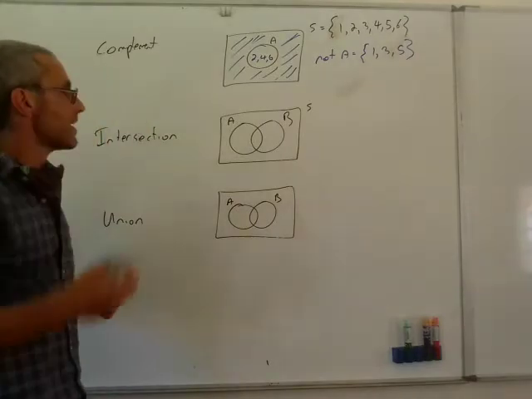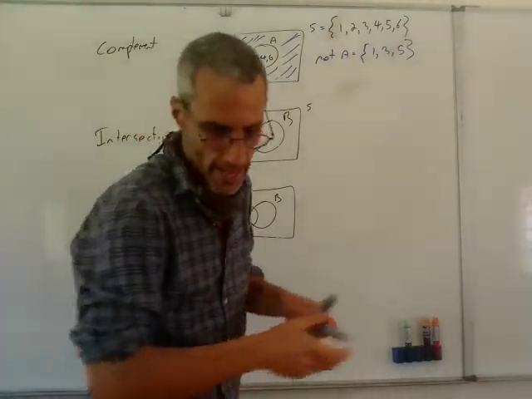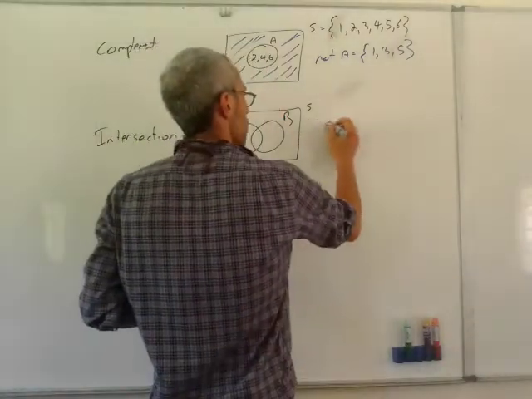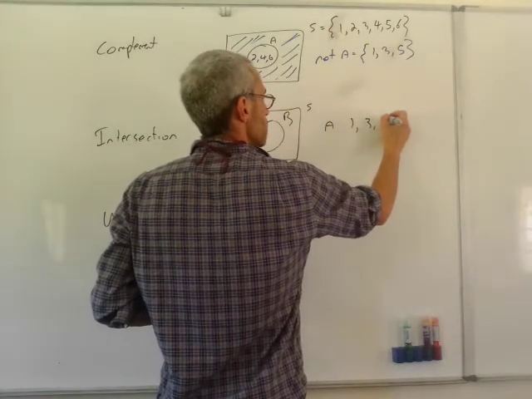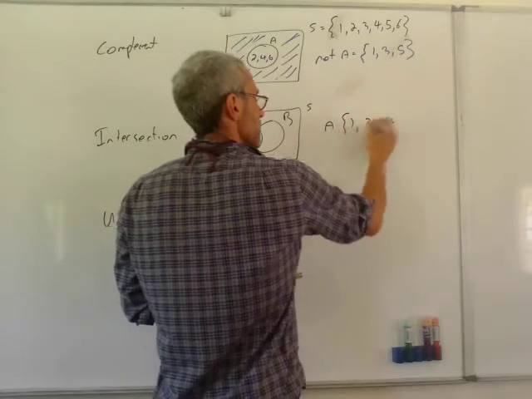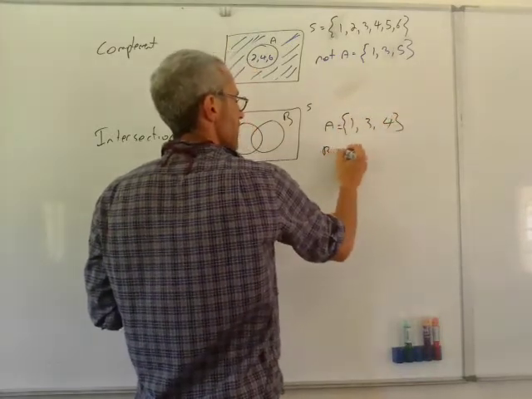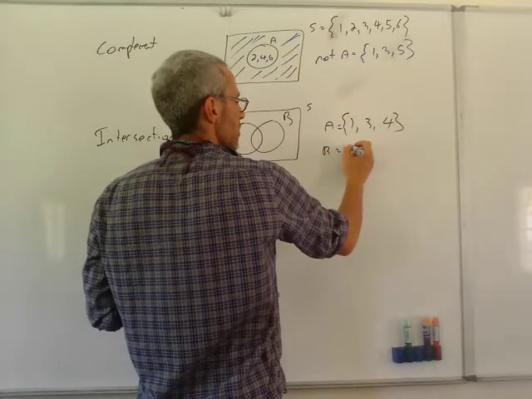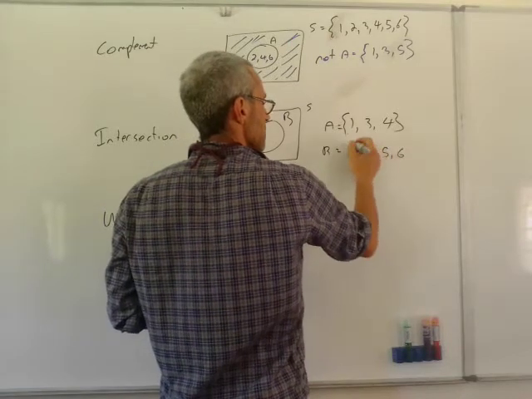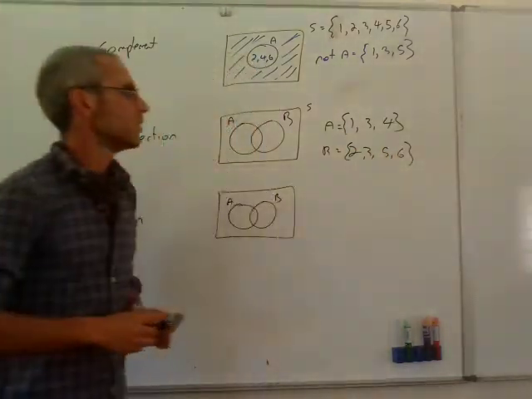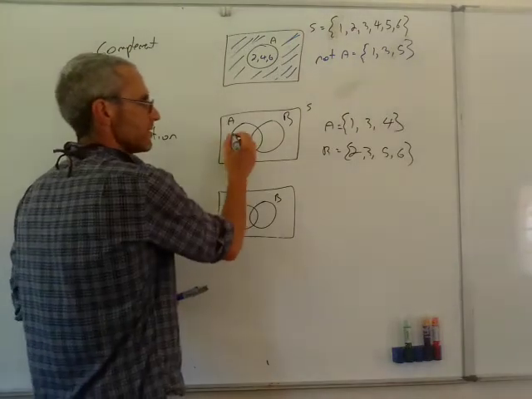Right. Next thing we can look at, let's say A is 1, 3, 4, and B is 2, 3, 5, and 6. So I'm going to start writing the numbers.